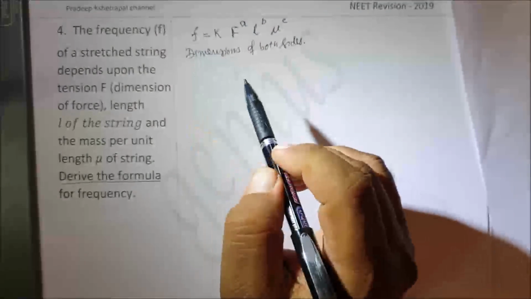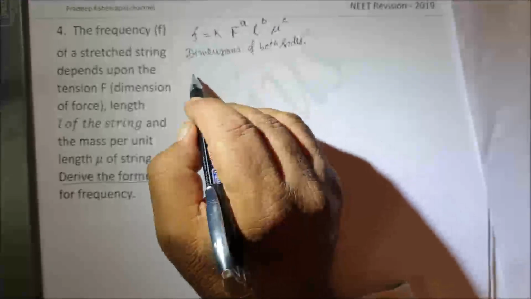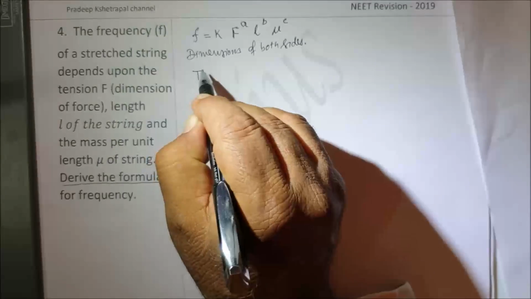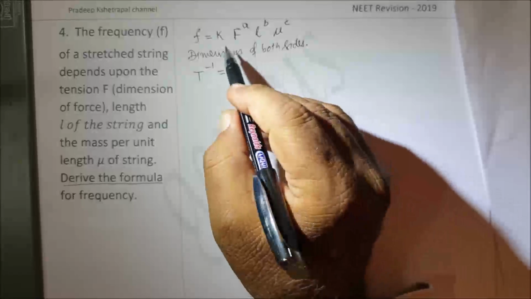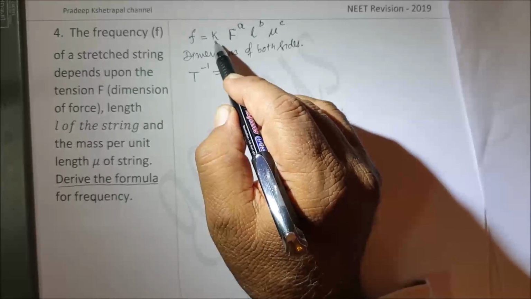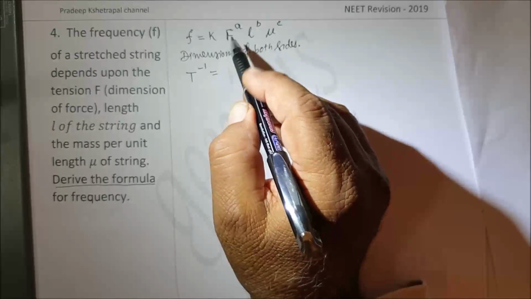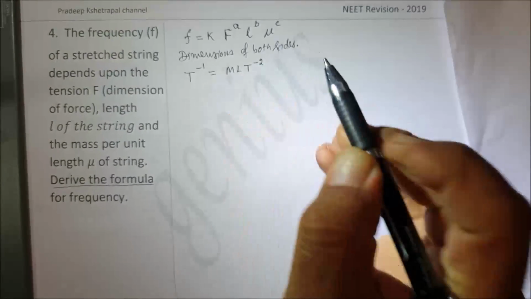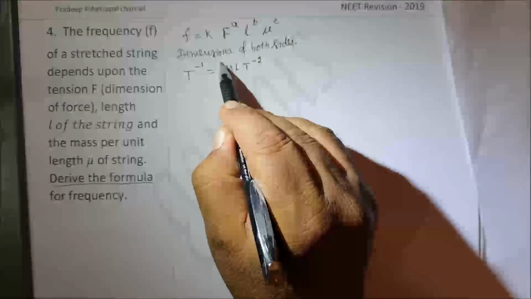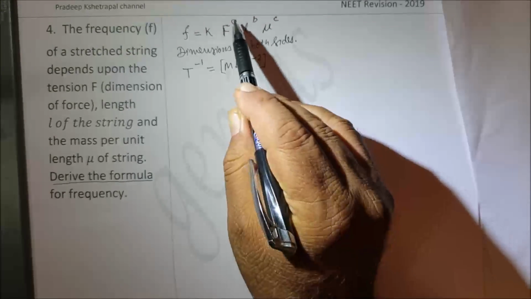This is frequency. Now the frequency has dimensions of time to the power -1. This is equal to K, which has no dimensions, that is constant. Force has dimensions M L T^-2, and this whole thing has the power A.